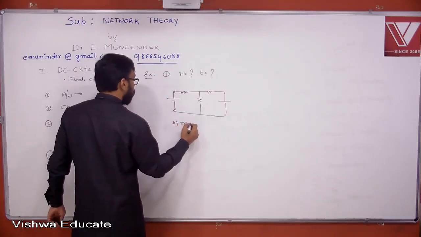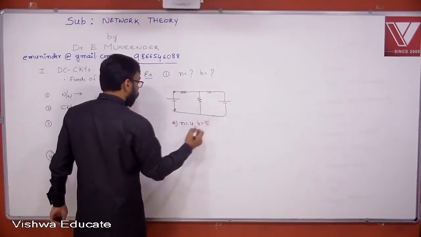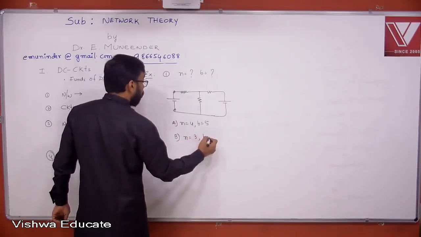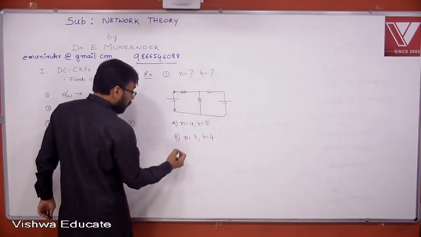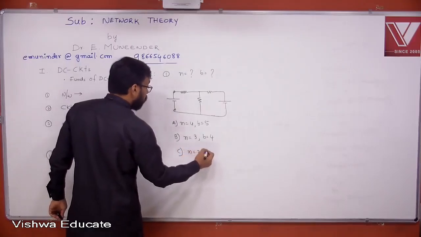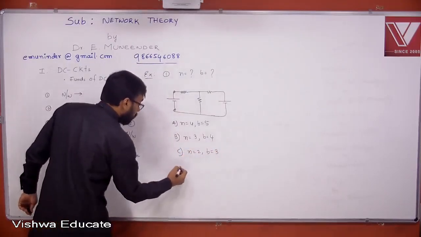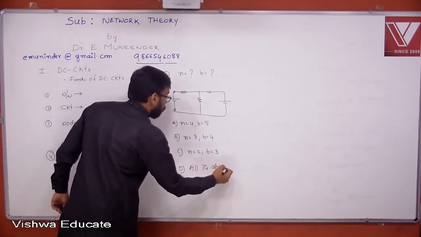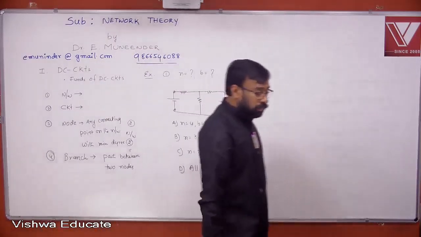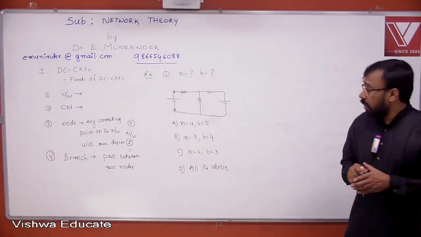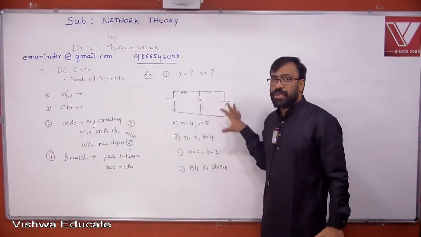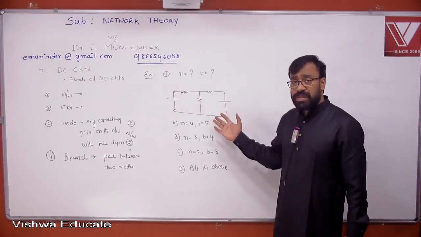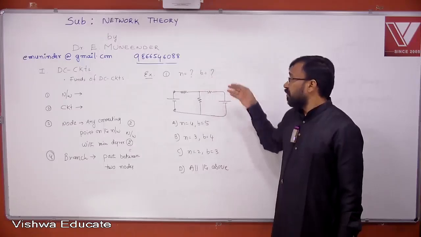A, n is equal to 4, b is equal to 5. B, n is equal to 3, b is equal to 4. C, n is equal to 2, b is equal to 3. D, all the above. Okay, look at this. It's a very simple question. Number of nodes and number of branches. I think you might have noted down, or else please note down first.